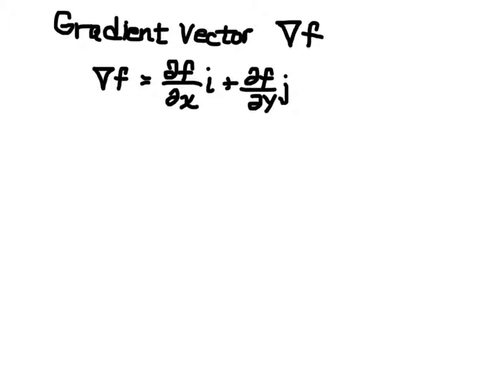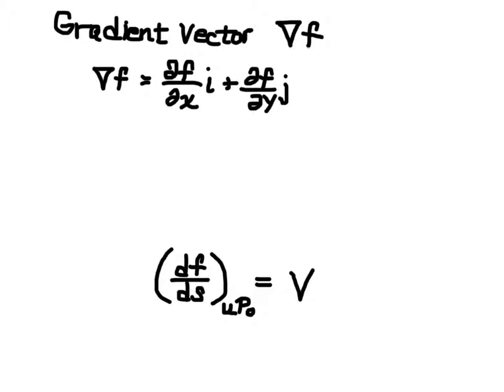The directional derivative is the dot product, and it is the derivative of f with respect to s in the u direction at p naught, is equal to the dot product of the gradient of f at p naught dotted with the unit vector u.